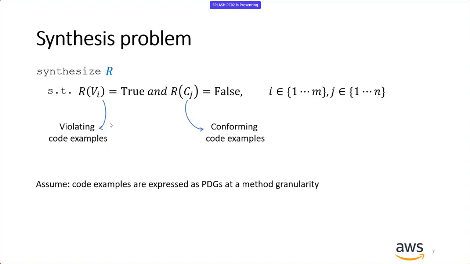And we are assuming here that code examples are at a method granularity, and they're expressed using graphical representations. Specifically here, we are using the program dependence graph as a representation of the code. And again, this is something that seems simple.